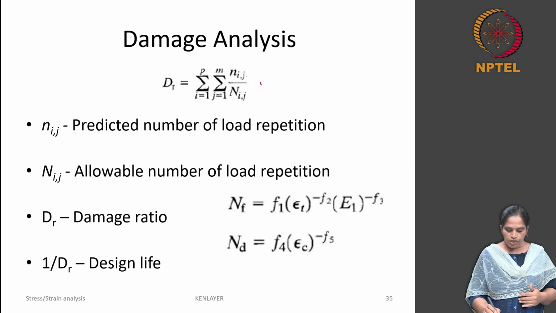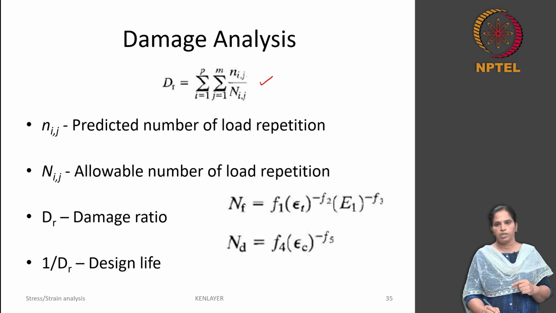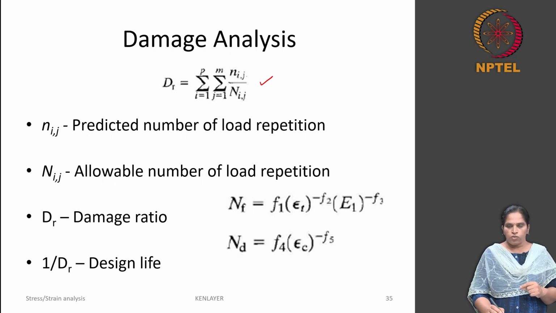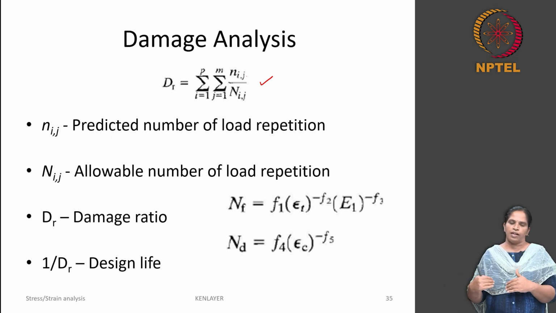We are familiar with these equations, where DR is the damage ratio, which is the ratio of the predicted number of load repetitions to the allowable number of load repetitions. The predicted number of load repetitions can be grouped for different classes of load, differentiated based on axle type and load group, and for different periods, which can be one month, a year, or any specific period we are interested in.